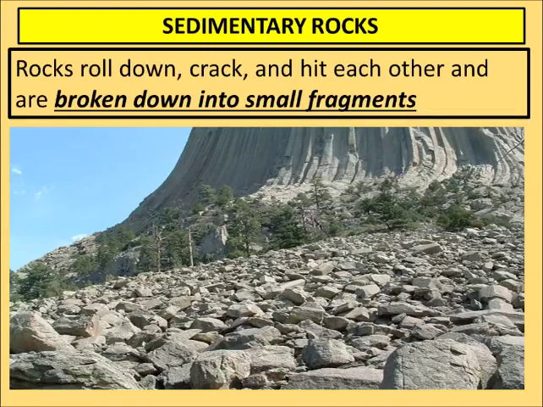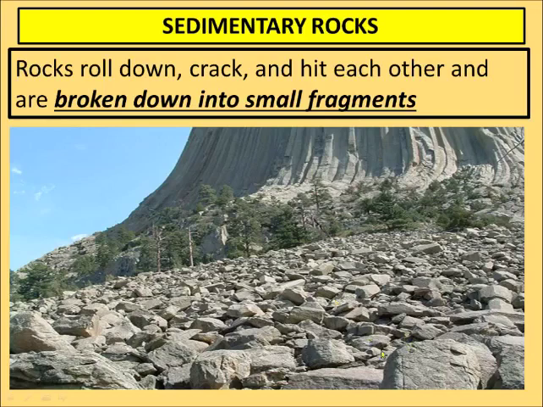Next is sedimentary rocks. What are they? Now see, suppose this is some mountain. What happens when rocks roll down, they fall down from it? They crack. Crack means they divide into many pieces, and then they hit each other.